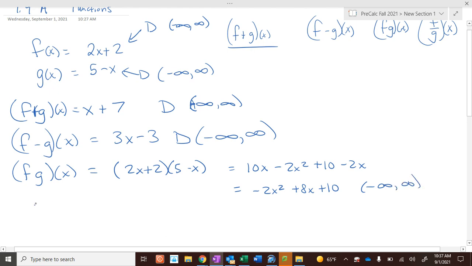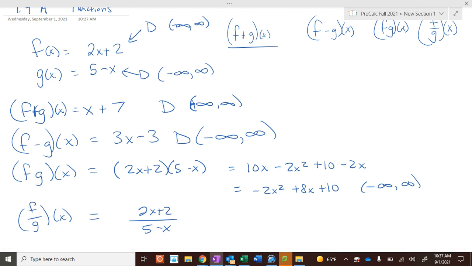The last one of these, f over g of x, would be 2x plus 2 over 5 minus x. Can we simplify that at all? No, it is just the way it is. Now, is there anything that limits the domain of this one? Negative 5, no, positive 5.